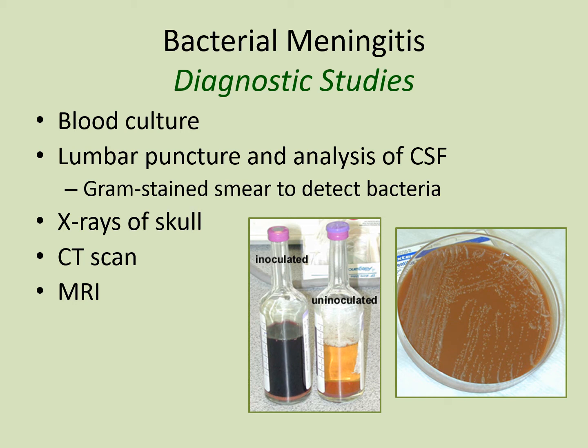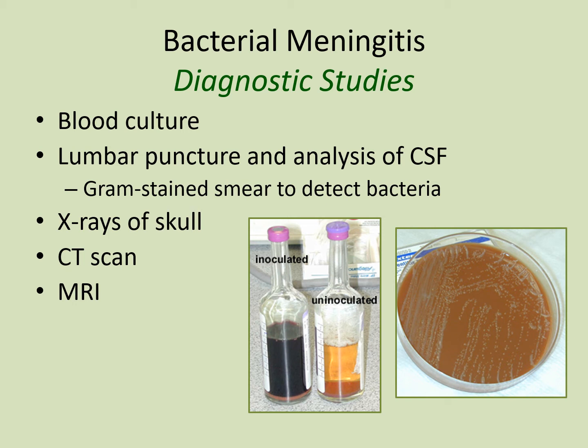All right, so there's always 2 sets done with a period of 15 to 20 minutes in between collections. We do both an aerobic and anaerobic bottle in each set, okay, because we want to try to identify that organism.